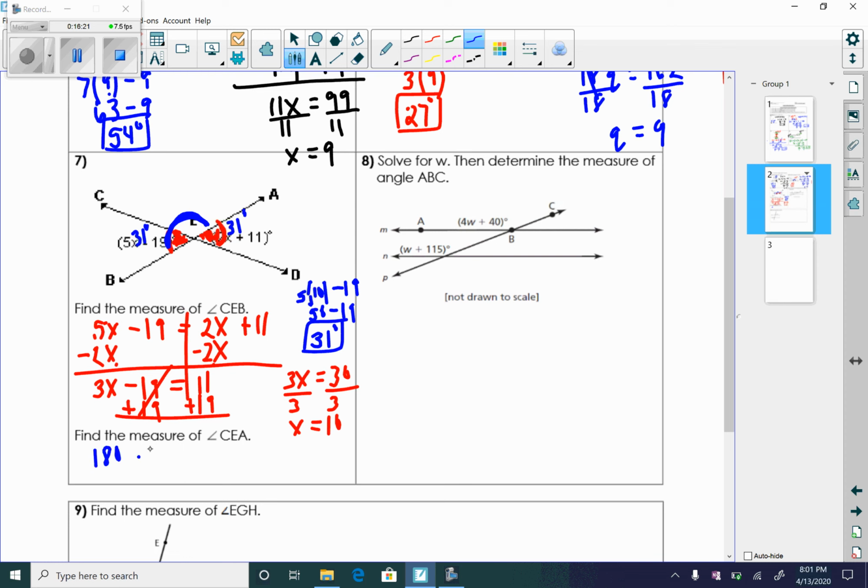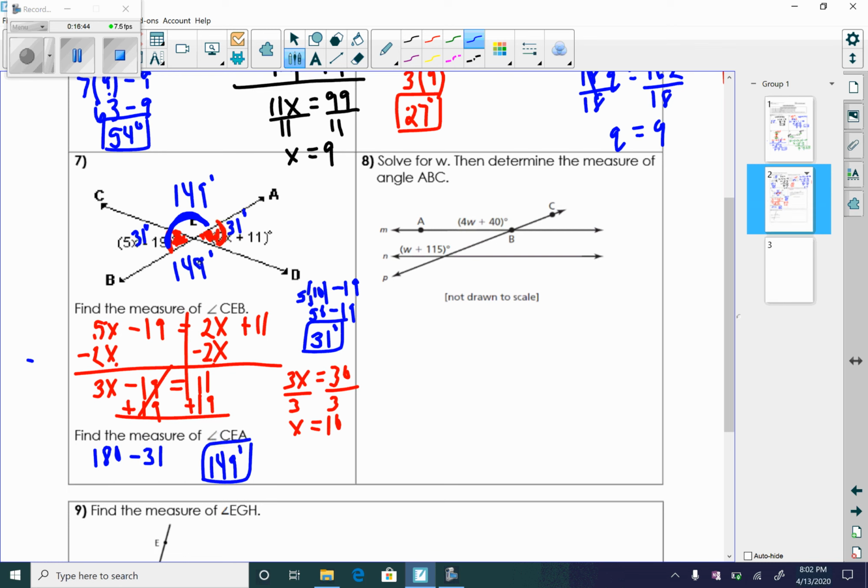So all we have to do is 180 minus 31, and that will give us the final answer. CEA is 149 degrees. And that also means that this angle is 149. Okay, remember those four angles add to 360.